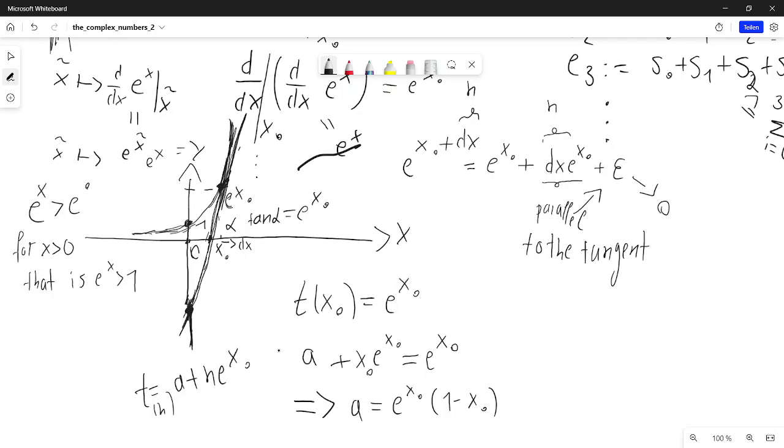And this indeed, for x0 bigger than 1, is negative in total, because that is positive, that is negative, so that a is negative, like here, right? So a very important thing: this is not the tangent itself, but the tangent only shows the slope, right?